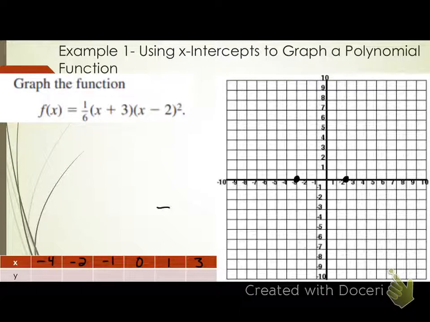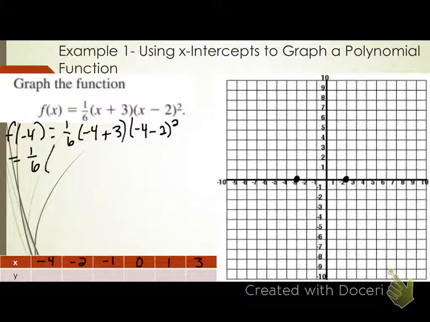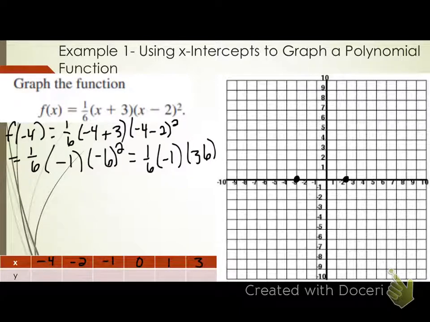So I'm going to plug -4 in. So f of -4: -4 plus 3 would give me -1. -4 minus 2 would give me -6. -6 squared is +36. -1 times 36 would be -36.